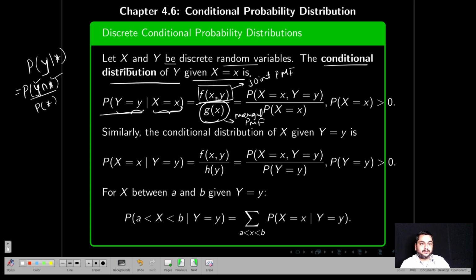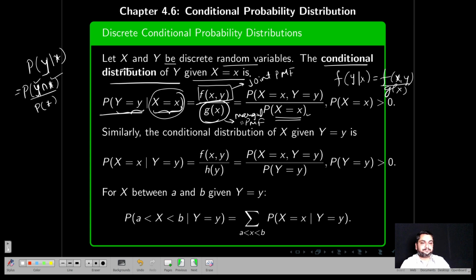So f of x comma y can be written as p of x equal to x comma y equal to y, divided by p of x equal to x, because given this value. So that is the marginal distribution. So simply, you can also write some notations like f of y given x is equal to f of x y divided by g of x.